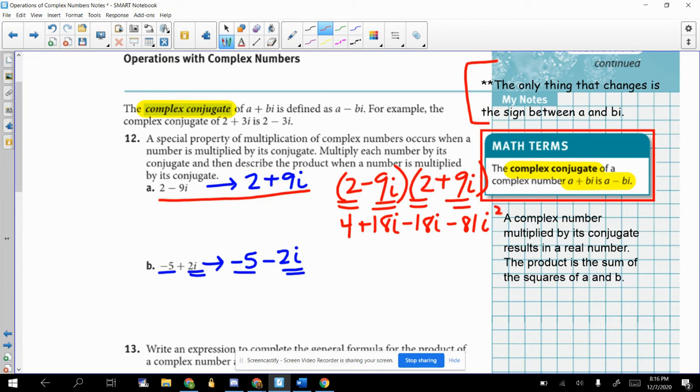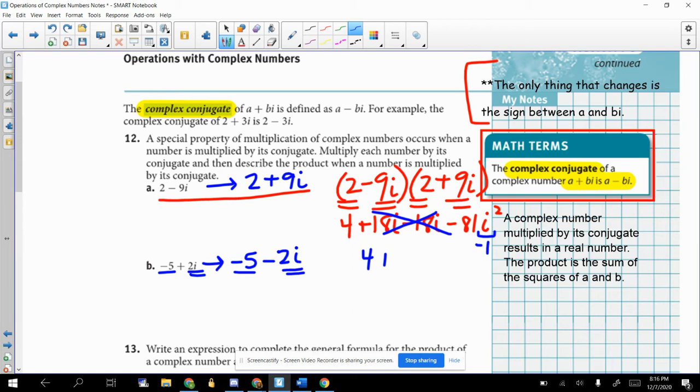The nice part about multiplying a complex number by its conjugate is that these middle numbers are going to cancel. We have positive 18i and negative 18i, so those cancel. Then we're left with 4 plus negative 81i squared, which remember, for i squared, we plug in negative 1.